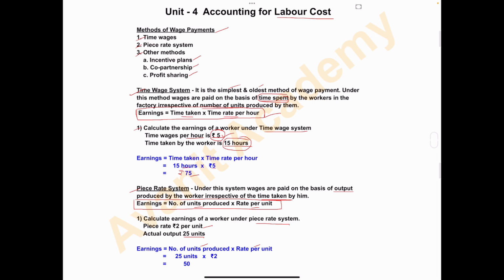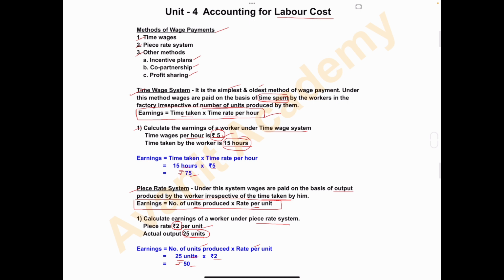Number of units produced, that is 25 units, into rate per unit. Piece rate means rate per unit is rupees 2. 25 into 2, rupees 50. The total earnings of a worker under piece rate system is rupees 50.